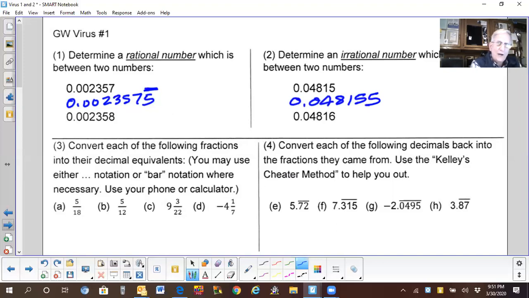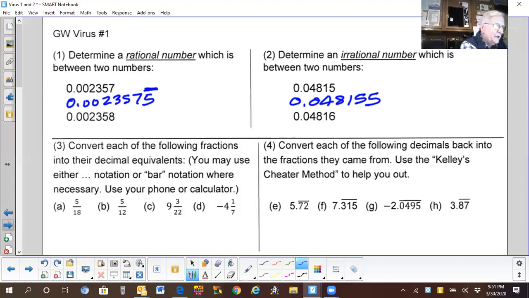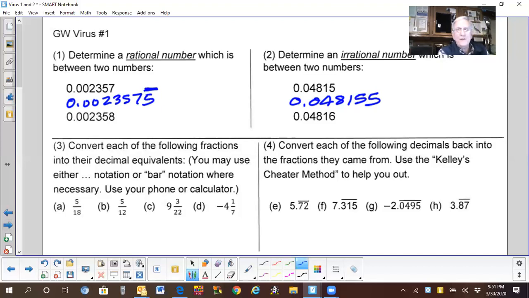Now, that number has stopped. It is not going on your calculator, right? However, we want an irrational number that's between these two numbers, not a rational one. So we want a number that's irrational that's between those.